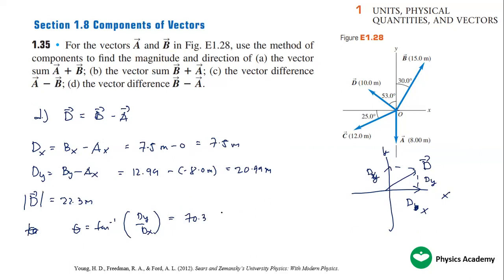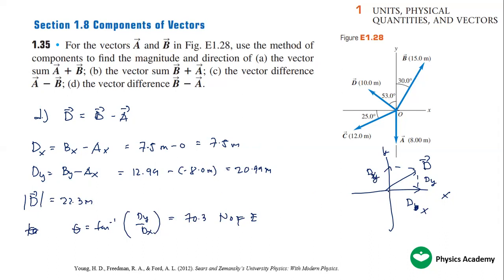But the direction is now north of east. Shift tangent, 20.99 over 7.5, so 70.3 degrees.